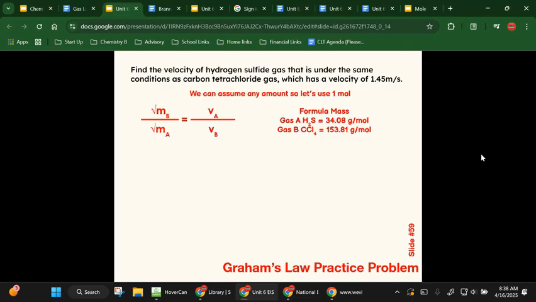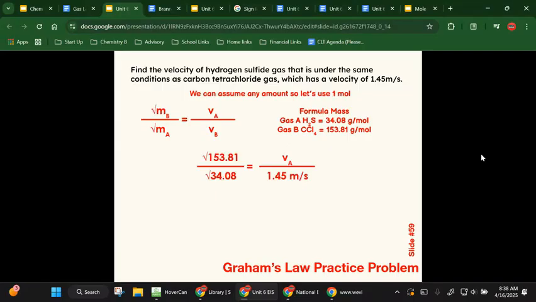Hydrogen sulfide gas has a formula mass of 34.08. 2 hydrogens, 1.08, plus sulfur, 32.06, 34.08. Carbon tetrachloride, 1 carbon, 12.011, 4 chlorines, 35.45, formula mass 153.81.